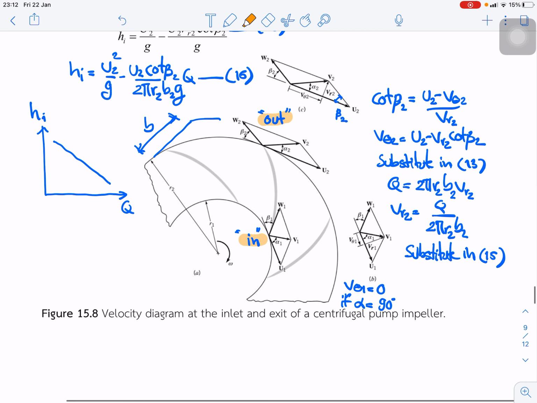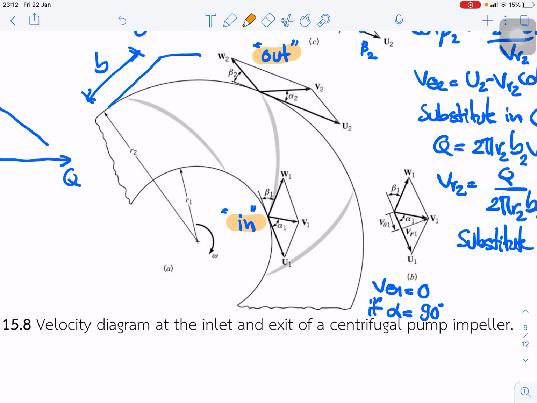The absolute velocity V1 of the fluid entering the passage is the vector sum of the blade velocity U1 and W1, the relative velocity, or the velocity seen by an observer on the blade. So we can write the typical equation V1 equals U1 plus W1.